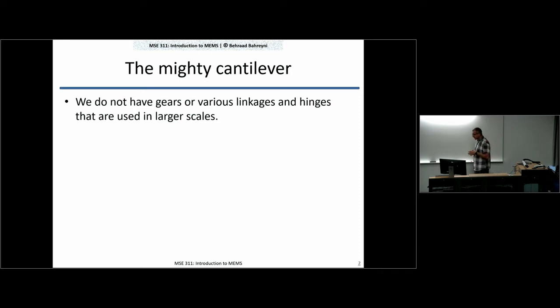On the other hand, when you have these hinges or gears or linkages at macro scales, if you look at the required precision in order to make these, it's amazing. You cannot get the same level of precision at small scales.